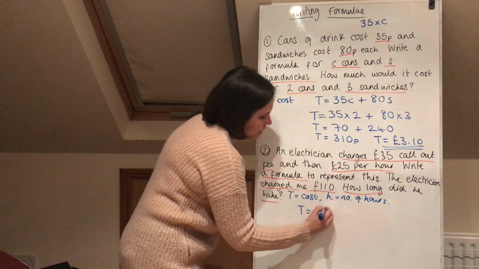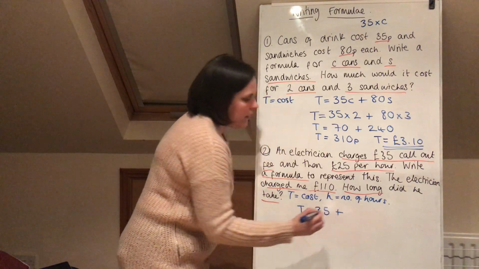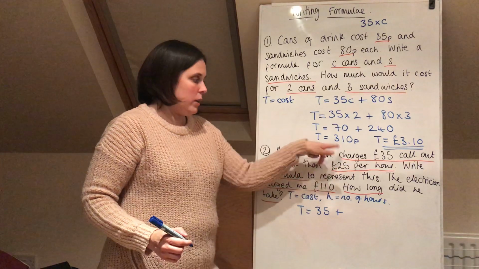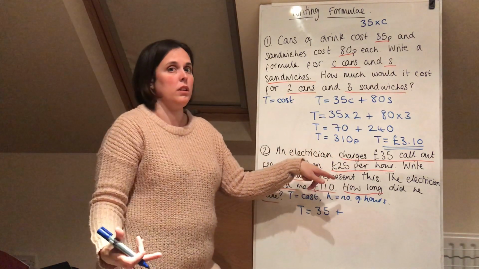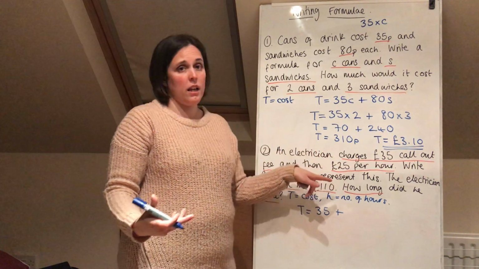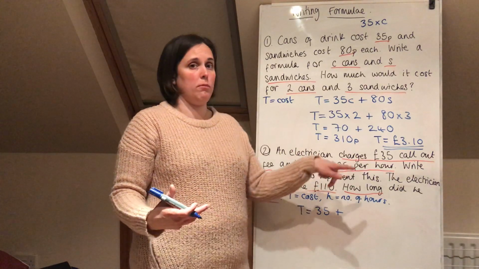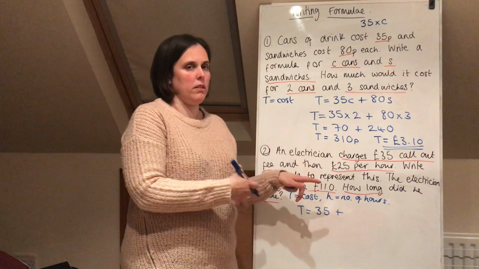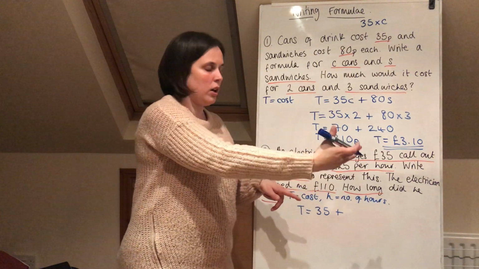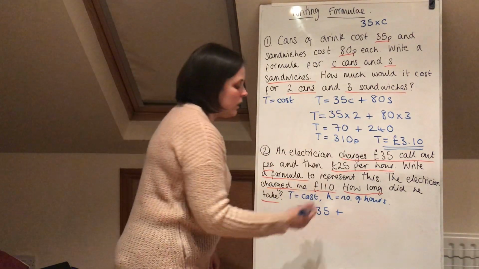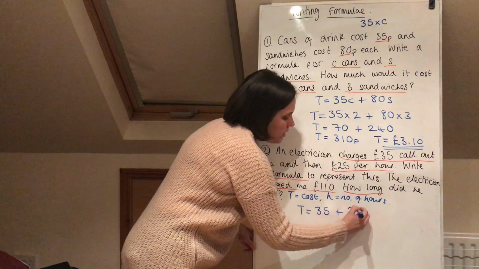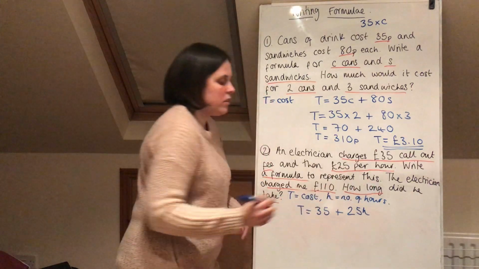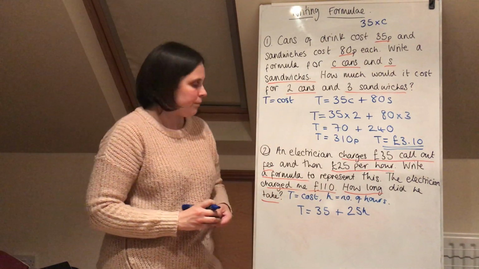It's just going to be £35. And then we're going to add on to that £25 for every single hour that the electrician's there. So if he's only there for 1 hour, it's going to cost you 35 plus 25. If he's there for 2 hours, it's going to cost you £35 plus 25 times 2, and so on. So what we need to do is we need to take that 25 and multiply it by the number of hours. So it's just 25h.